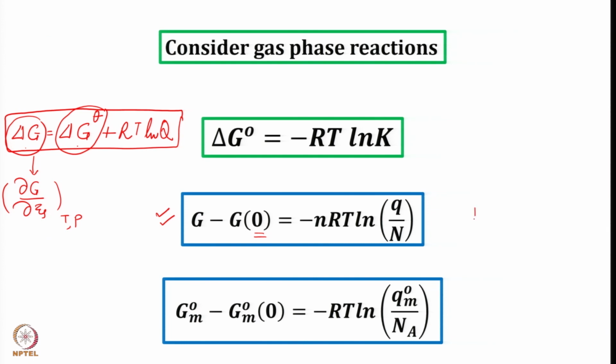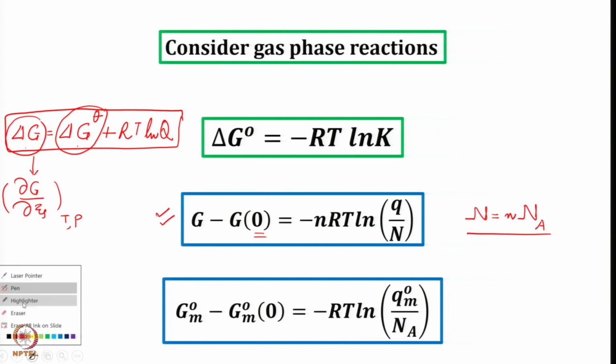And we had also discussed that N, the number of molecules, is number of moles times the Avogadro constant. So when you convert this equation and write N is equal to small n times Na, then Q divided by N becomes Qm, the molar partition function, and throughout you divide by n.